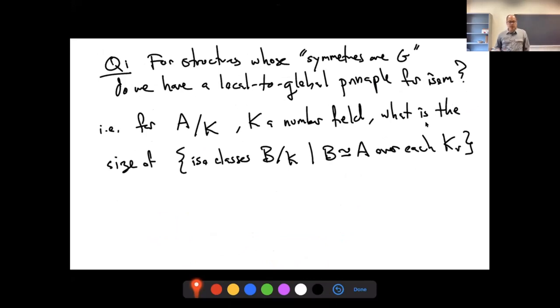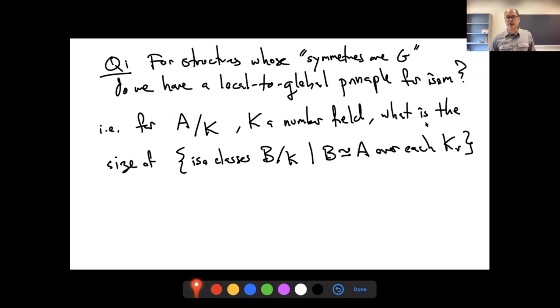And so one can then ask, for some type of algebraic structure, generally depending on a particular symmetry group, does one have a local-to-global principle for isometry, or isomorphism? So for example, here is a general purpose symbol for an algebraic object.